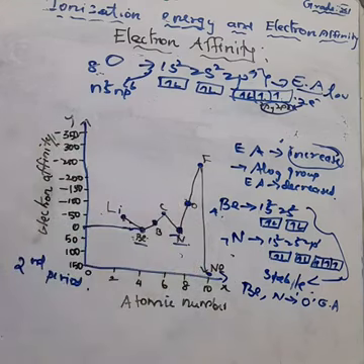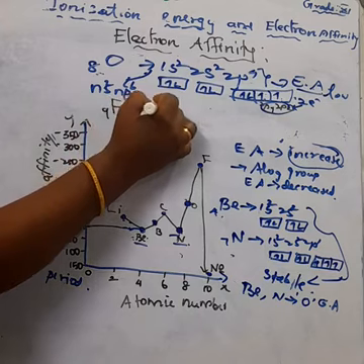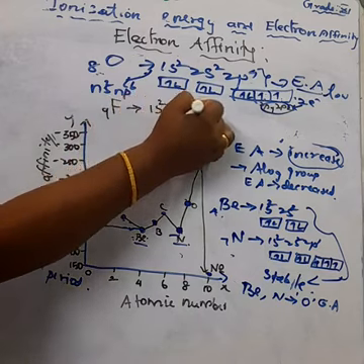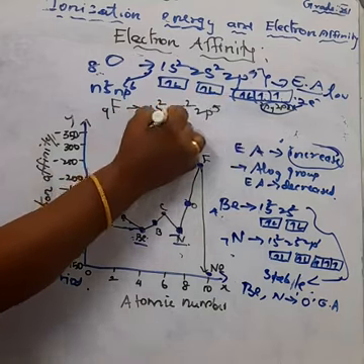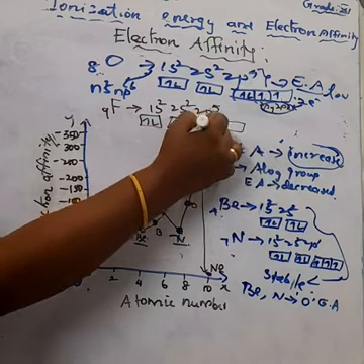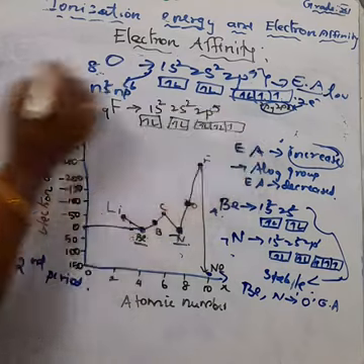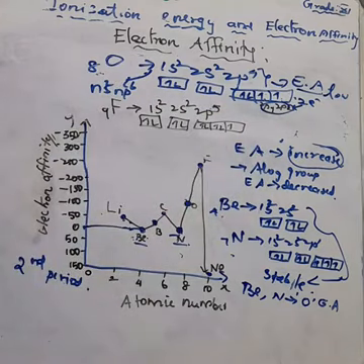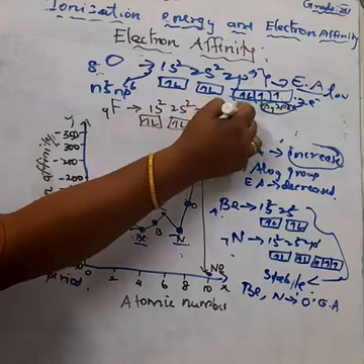Like that, fluorine, atomic number 9, has electronic configuration 1s2, 2s2 and 2p5. It needs one electron to get the stable configuration, ns2 np5 in the neutral atom.